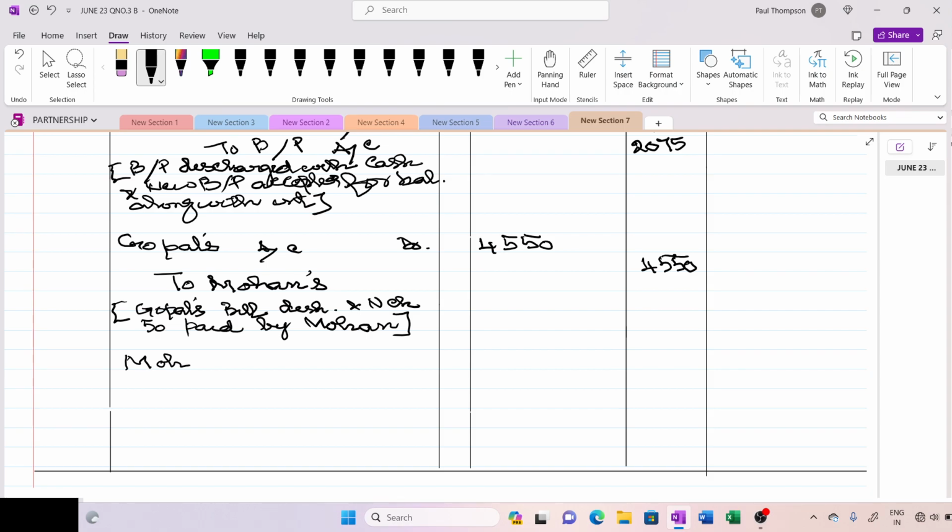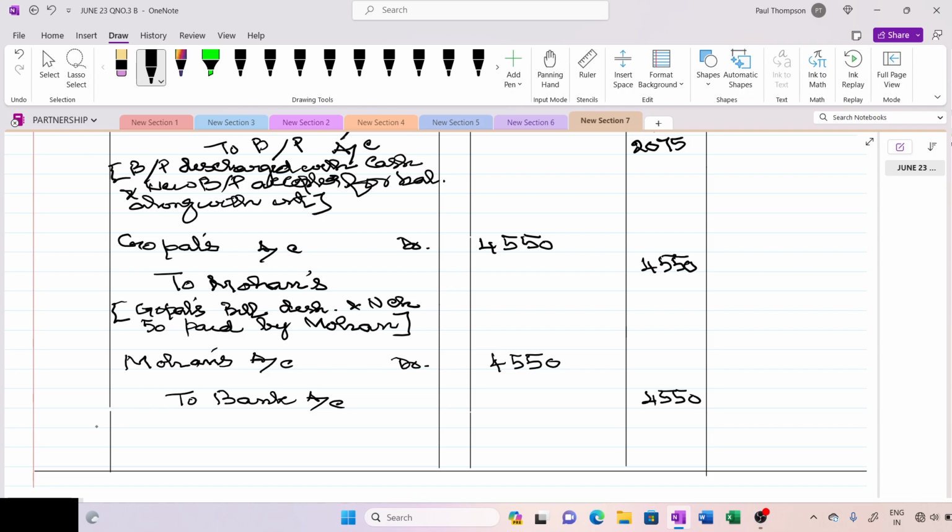So Mohan's account debited, Mohan's account debit 4550, and a payment was made to him through check. So to bank account 4550.